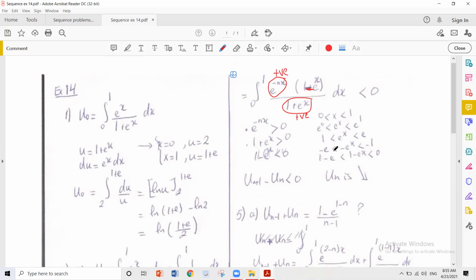So e to the x is greater than 1, which means 1 minus e to the x is negative. So U(n+1) minus Un: positive times negative gives negative. This is all negative.